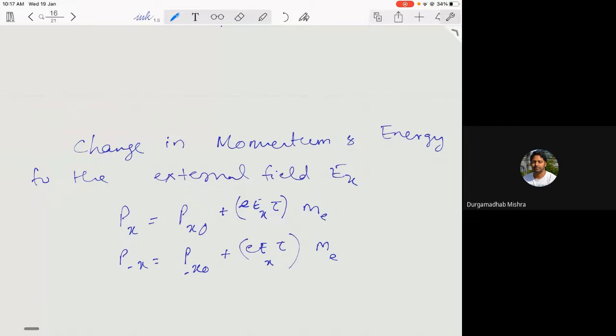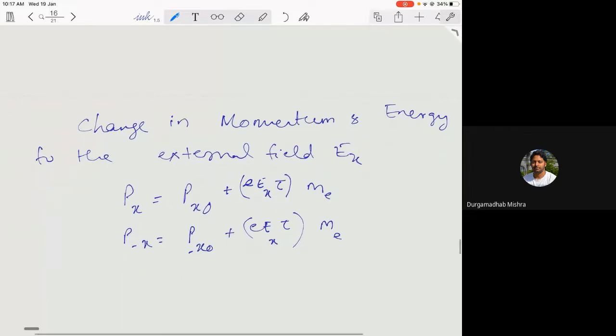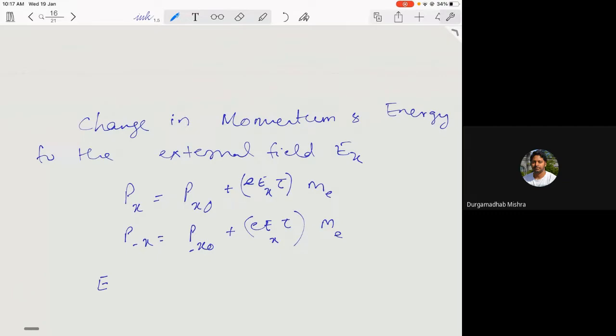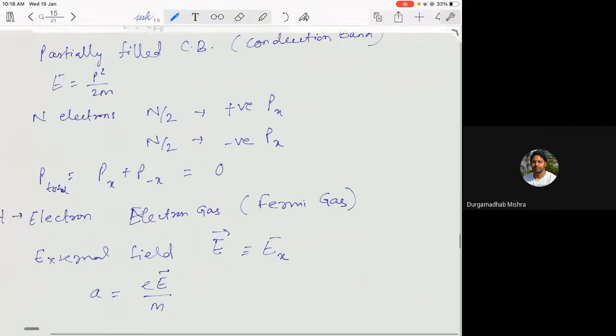So the momentum will definitely change, and correspondingly the energy will also change. Writing the total momentum, again in one dimension so I am not writing the vector form, delta P will be greater than 0, and this change in momentum is in the positive direction, as shown in the picture.